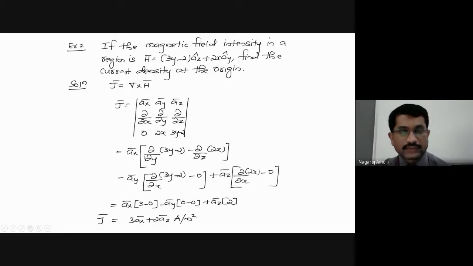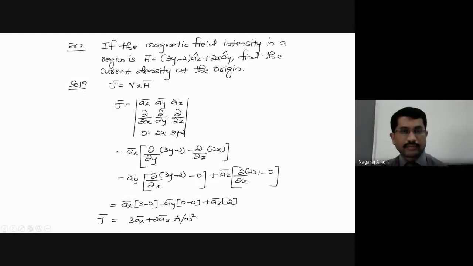Then expand it, we'll get AX bar into dou by dou Y of 3y minus 2 minus dou by dou z of 2x, and minus ay bar, this row and this column will go, dou by dou x of 3y minus 2 minus 0 into dou by dou z is 0. Then plus az bar, this row and this column will go, therefore we'll get dou by dou x of 2x minus 0. Then simplify it, we'll get the final equation.